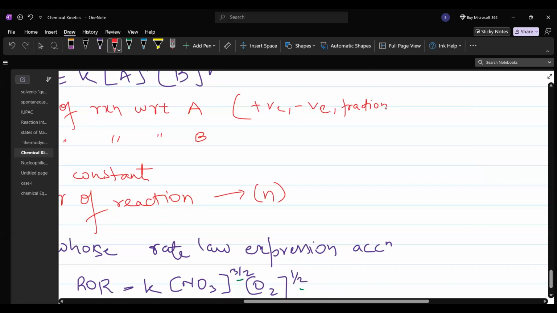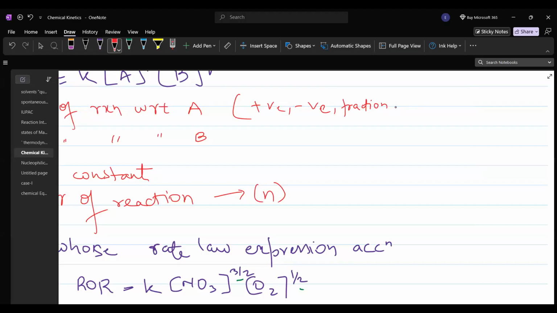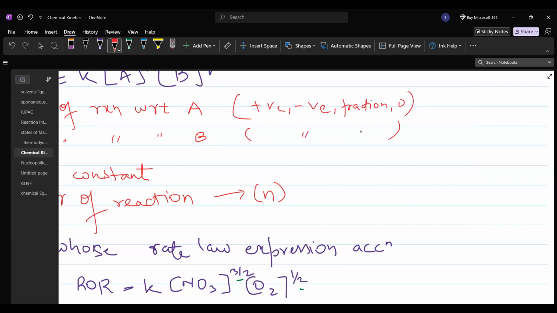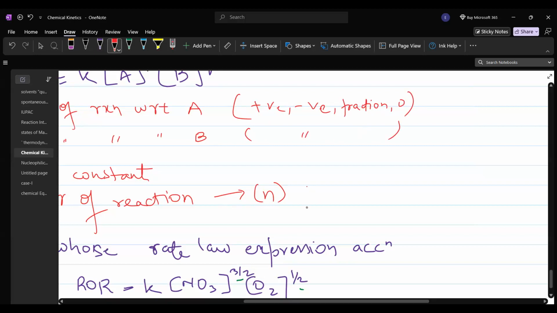As we have seen in the question below, that was a fraction, right? And obviously, when we add those, n can also be anything: positive, negative, fraction, zero, right?